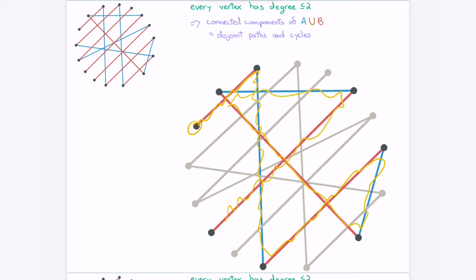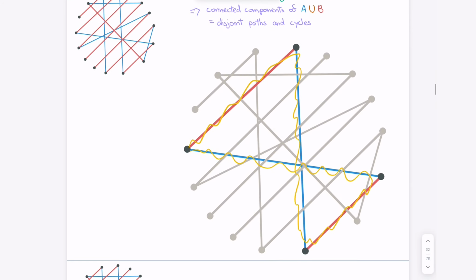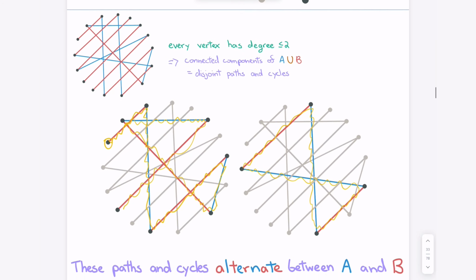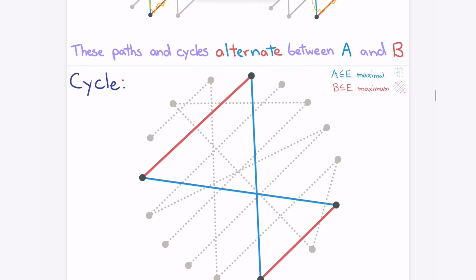And a cycle might look more like this. You start anywhere you want and you go red, blue, red, blue. All right, so these paths and cycles are, of course, alternating between the two matchings.